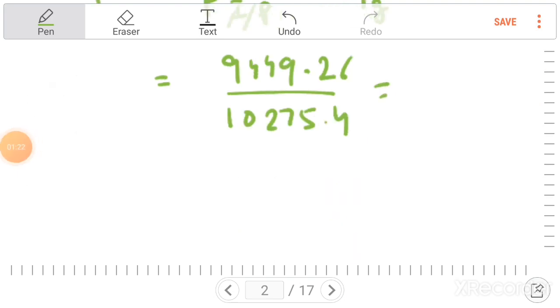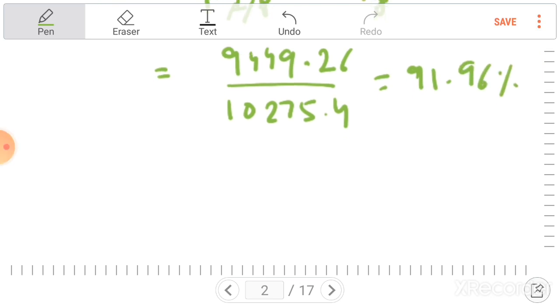So the efficiency is 91.96%. We can conclude from here that after inserting the external resistance in the rotor circuit, efficiency is reduced from 97% to 91.96%.